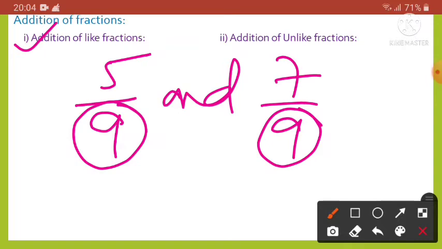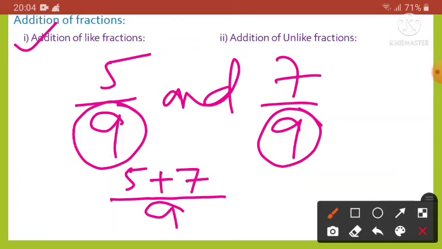At first we write it this way. The denominator is 9, and in the numerator we add the numerators. So here it is 5 plus 7, and we get 12 by 9.